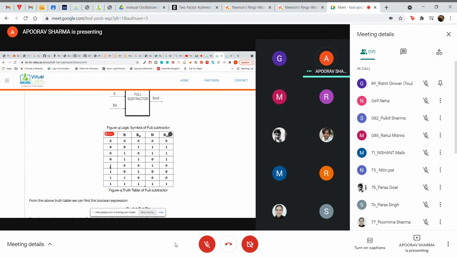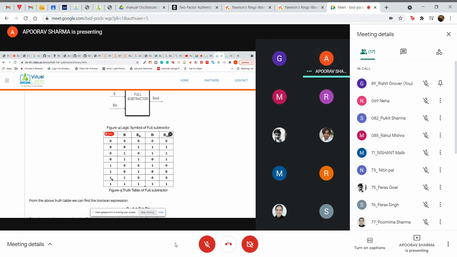Okay, the next example is very simple, 1 minus 0 is 1, and 1 minus 0 is 1, so here 1 is there in difference, and borrow is nothing. Okay, so you can do it like this, 1 minus 0 is 1, 1 minus 1 is 0, so 0 and 0, you don't have to take a borrow here, so there is no borrow here, and the difference is also 0.